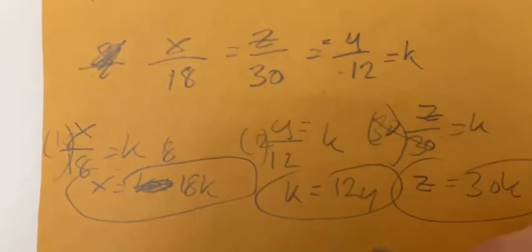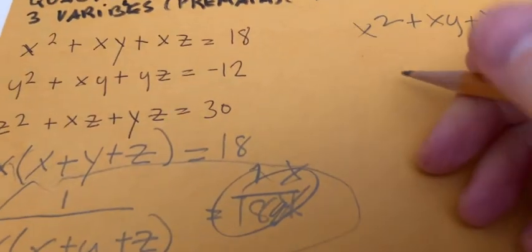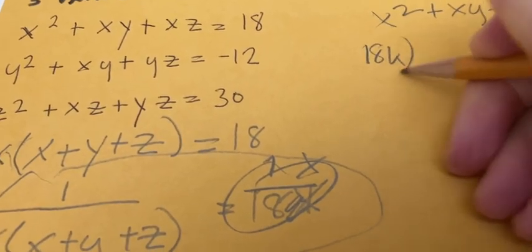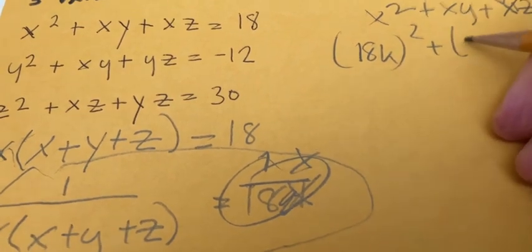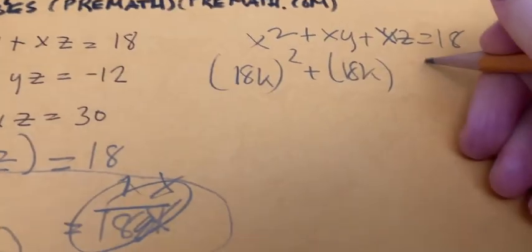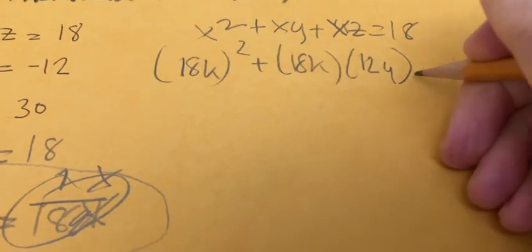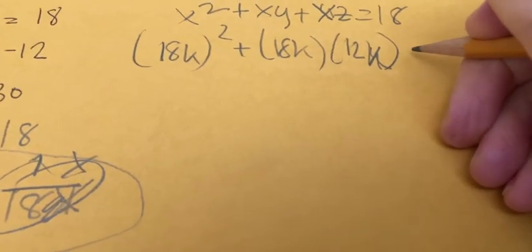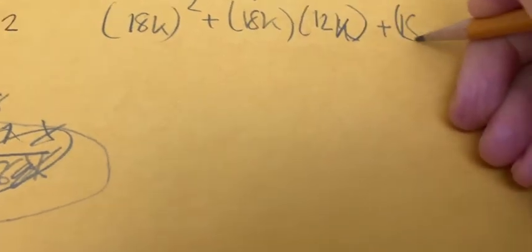What was K? 18K, okay. What was Y? Y is 12K. This? Z? 30K?